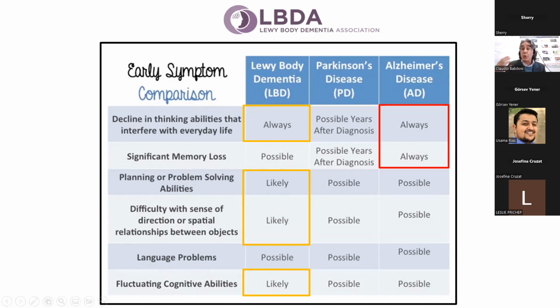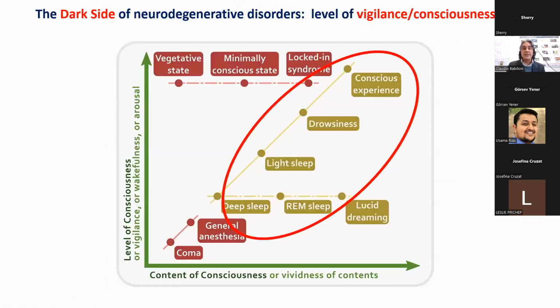The proposal of my presentation is that there is a dark side in the evaluation of disorders in Alzheimer's disease patients. And this dark side is the level of vigilance and consciousness. You see in this picture in light brown that there is a physiological transition from deep sleep to light sleep or drowsiness or the vigilance and conscious experience in a healthy subject.